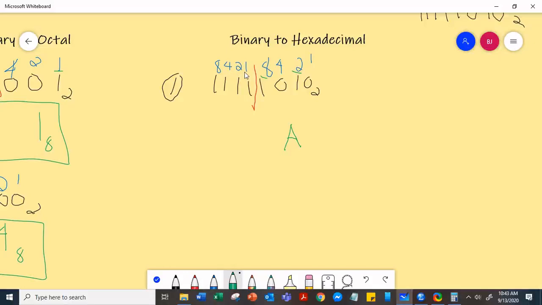The best way to do this is by adding all those numbers, 8, 4, 2, and 1, to get 15. But how do we remember what 15 is in hexadecimal? I've mentioned this in our lecture. What you do is try counting like how you counted when you were quite young.